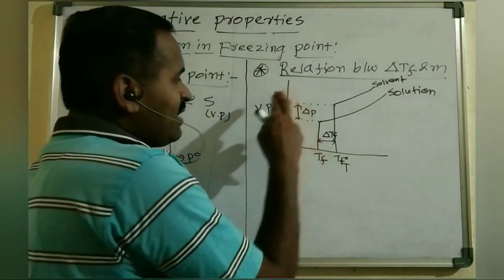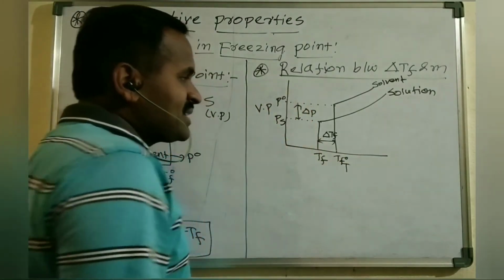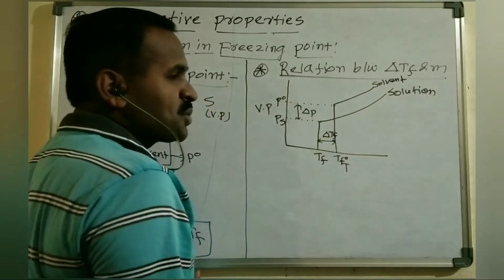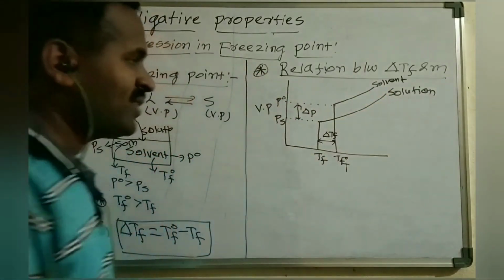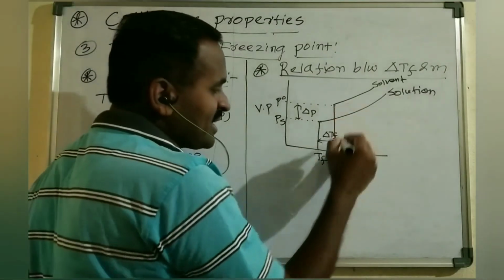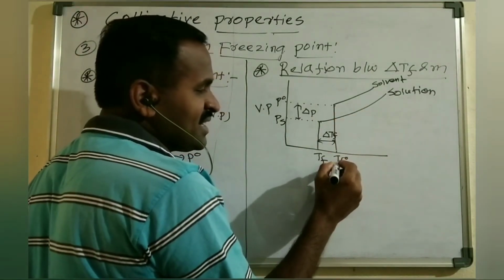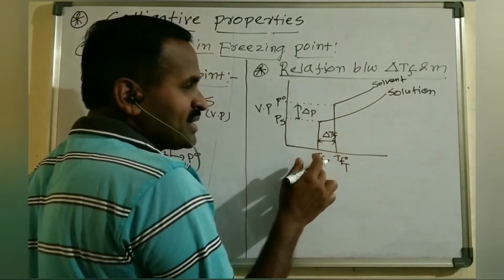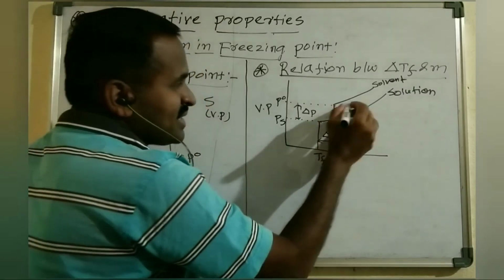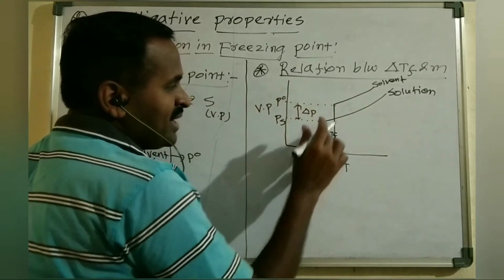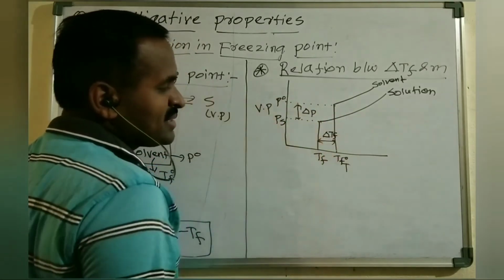If you plot a graph between vapor pressure and freezing point for the solvent and solution separately, this is the solvent curve and this is the solution curve, right? The solvent freezing point is TF naught and the solution freezing point is TF, and the solvent vapor pressure is P naught and the solution vapor pressure is PS.